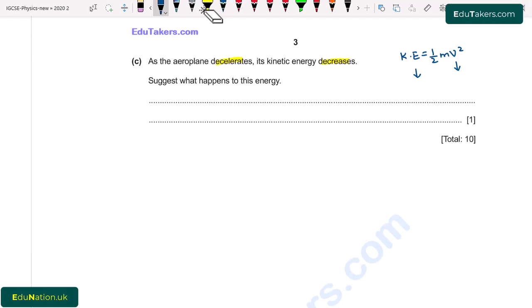So I write here: thermal energy produced in brakes or in tires. We simply say that this kinetic energy that decreases is converted into thermal energy.